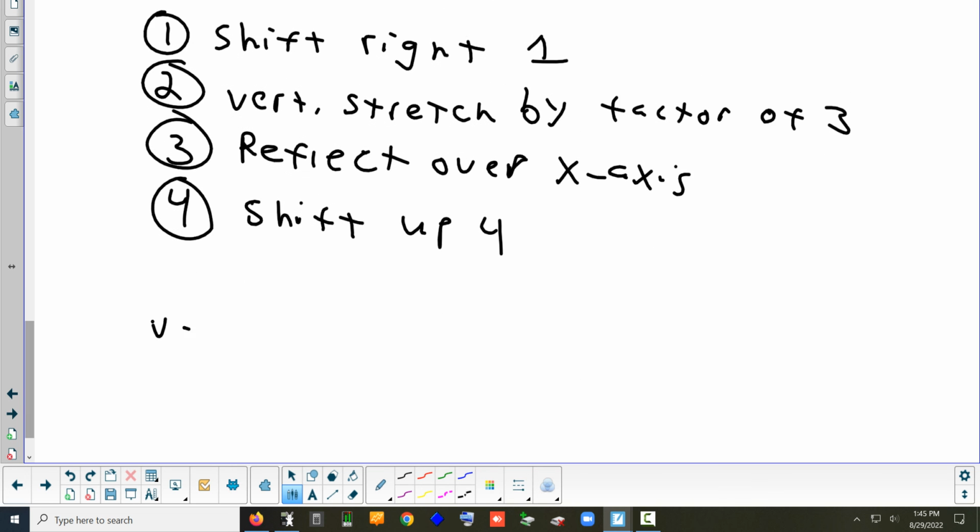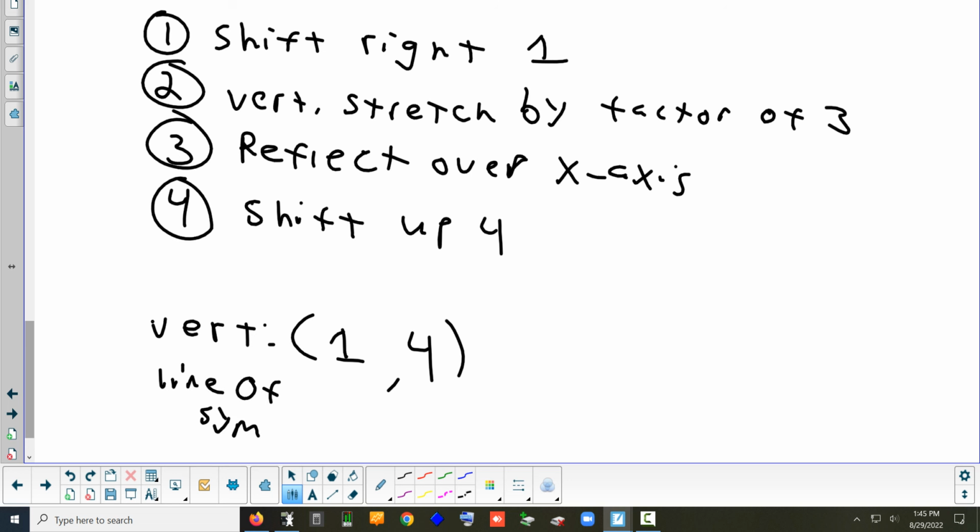Now my vertex. Look at your shifting, and that tells you the vertex. Right 1, up 4. Right 1, up 4. And my line of symmetry. Does it start out with X equals or Y equals?